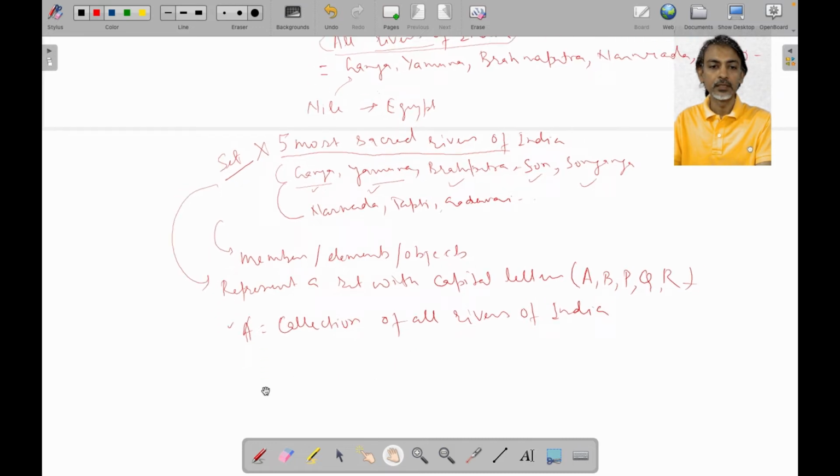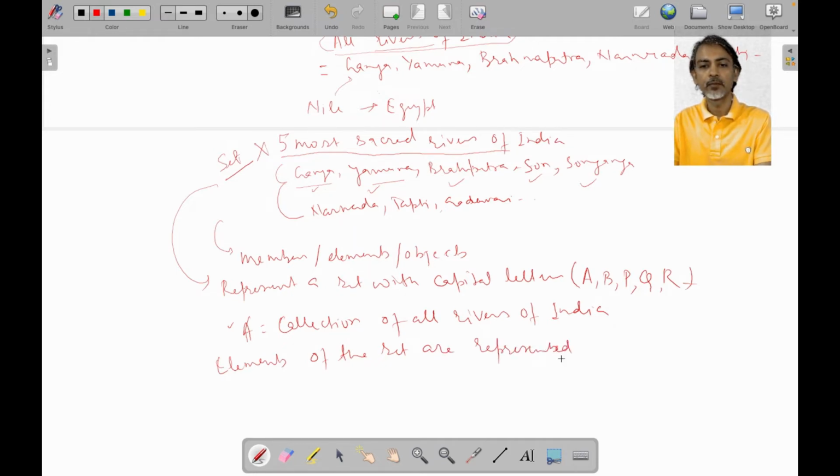Similarly, the elements of the set, the elements or objects which I defined earlier, are represented in small letters like a, e, b, c, d and something like that.